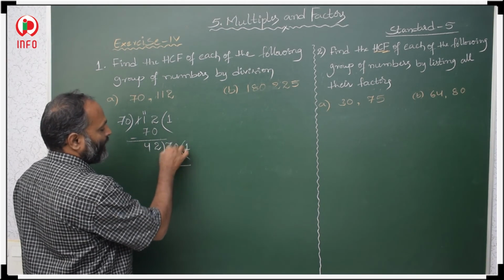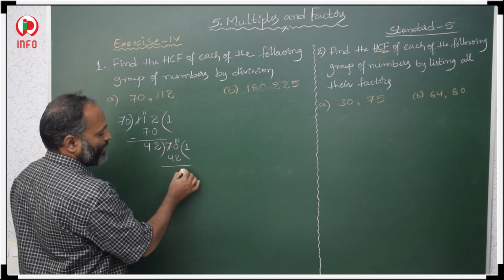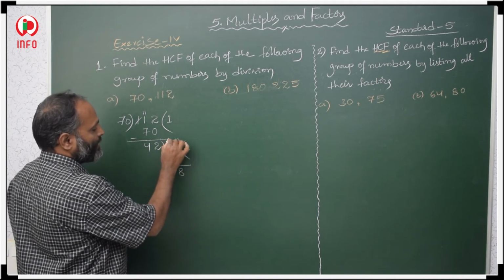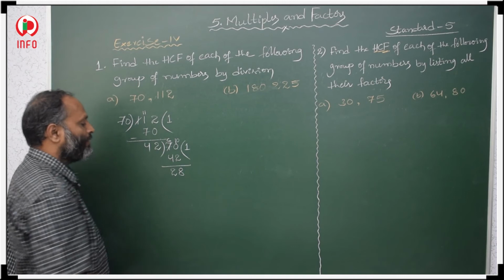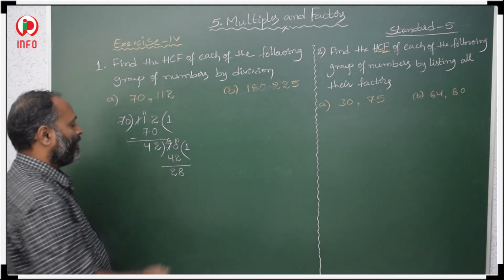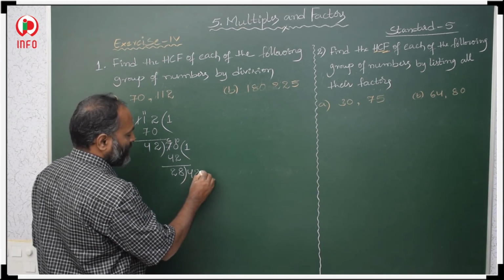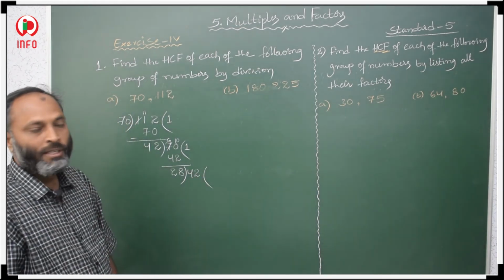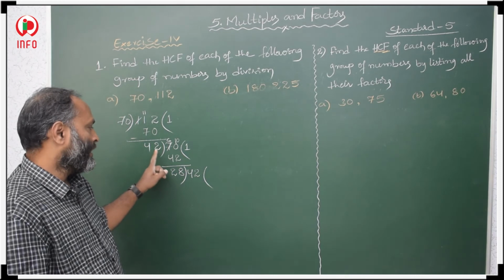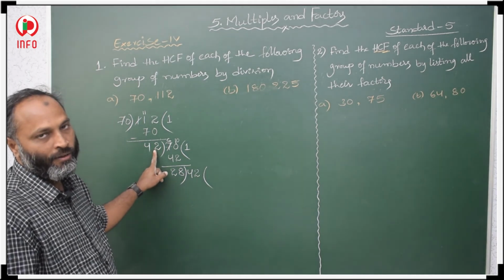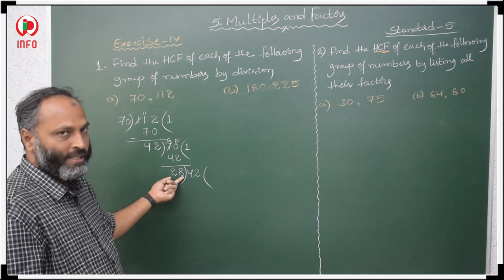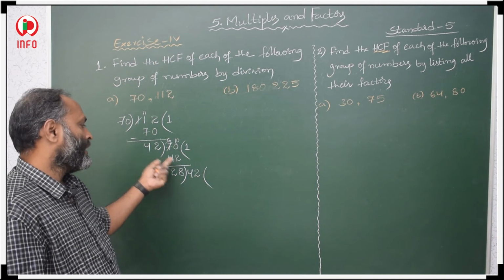Then minus: 10 minus 2 is 8, 6 minus 4 is 2. Now the second remainder divides the second dividend, 42. The second remainder is the divisor now and the second divisor is the dividend.